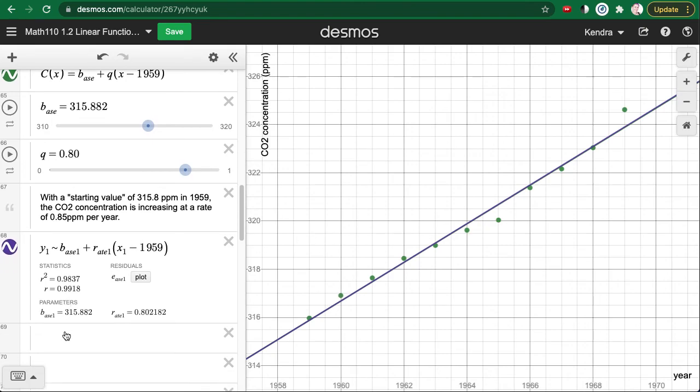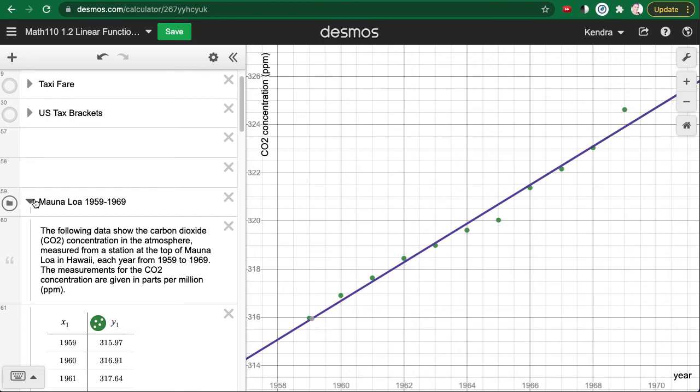But this is basically saying with a starting value of 315.882 parts per million in 1959, we increase our CO2 concentration at a rate of 0.80 parts per million per year. And this is the number of years that we have gone past 1959. Okay.